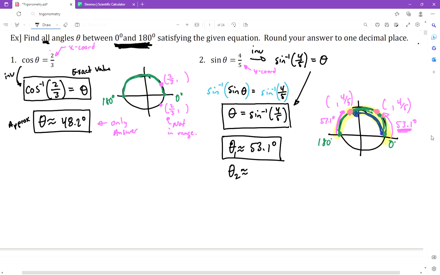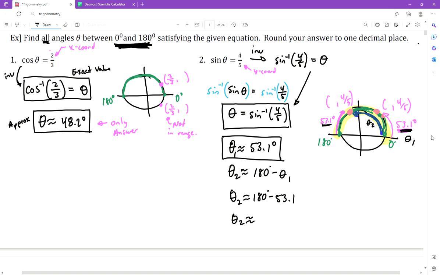So theta 2, again, from 0 to 180 is the green, so it would be 180 minus this pink one, which is the same as theta 1. That would equal the blue segment. There's theta 2 in the blue. So 180 minus the pink would leave just the blue. That means our second answer here is 180 degrees minus 53.1, and whatever that is.